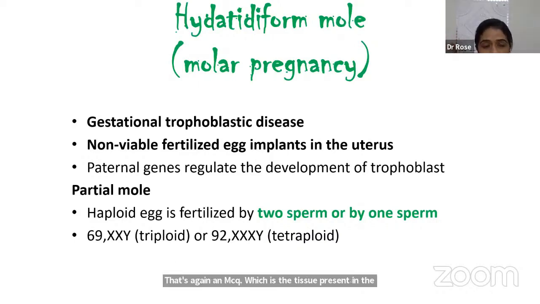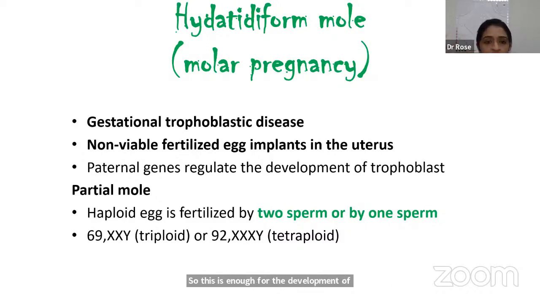It is the trophoblast. You won't get any part of the embryo usually because the egg is not viable. But the trophoblast will undergo proliferation, and the reason is paternal genes regulate the development of trophoblast. That is the reason why in most hydatidiform moles, the chromosomes will be transferred from the sperm. So this is enough for the development of trophoblast.